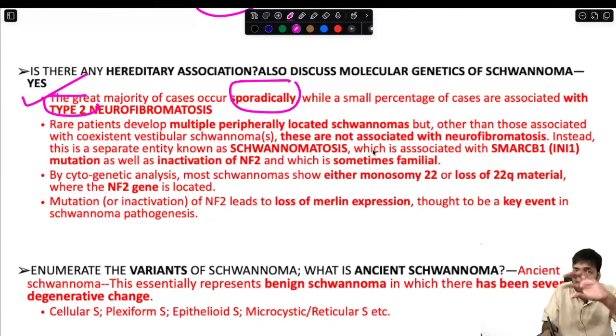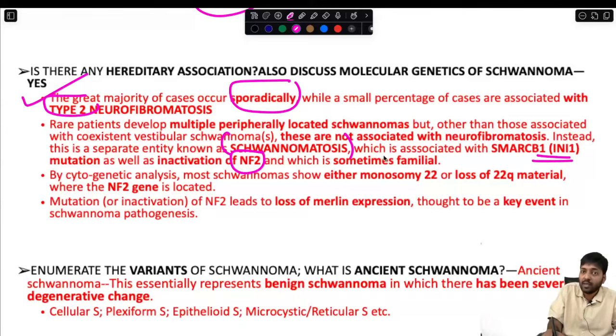So there is one group of multiple schwannomas which is associated with type 2 neurofibromatosis, but there is another group, also known as schwannomatosis, which is associated with SMARCB1 or INI1 mutation, as well as inactivation of NF2, and which is sometimes familial. So this is another group of hereditary association, that is schwannomatosis.